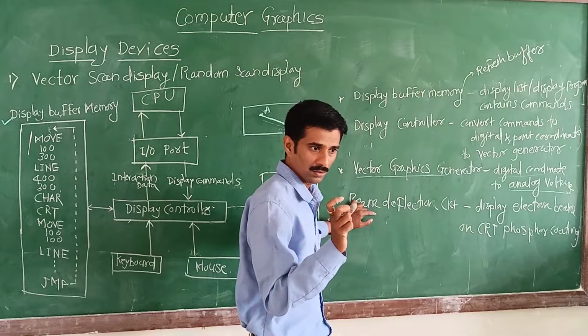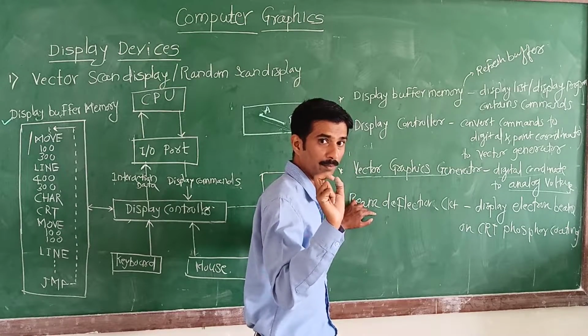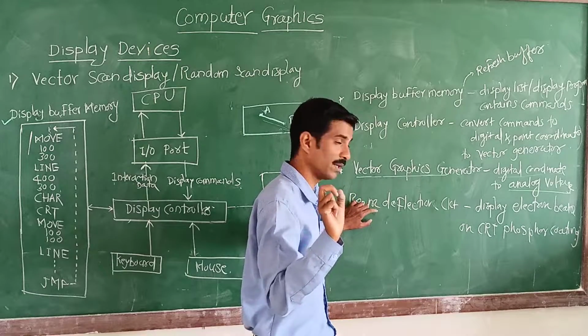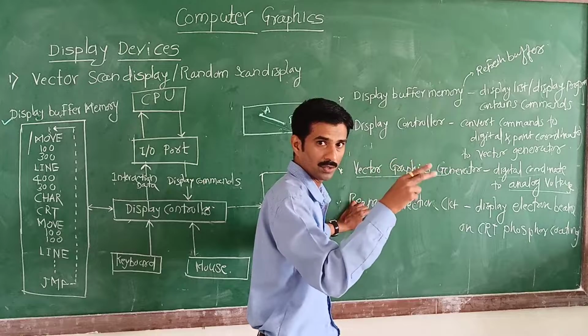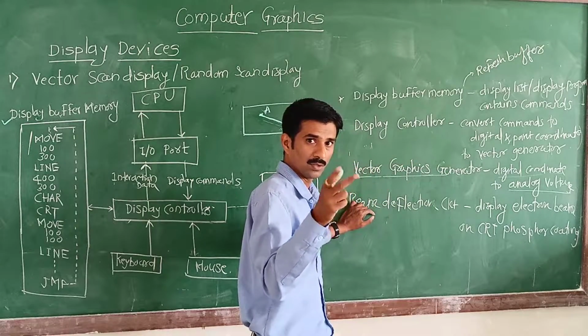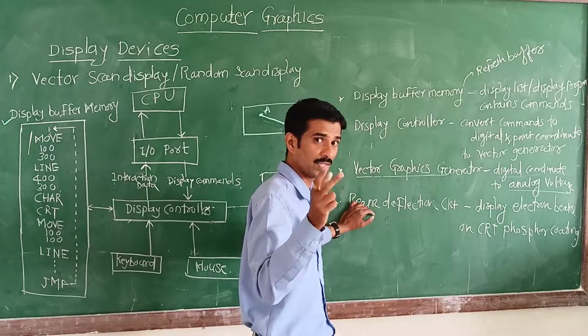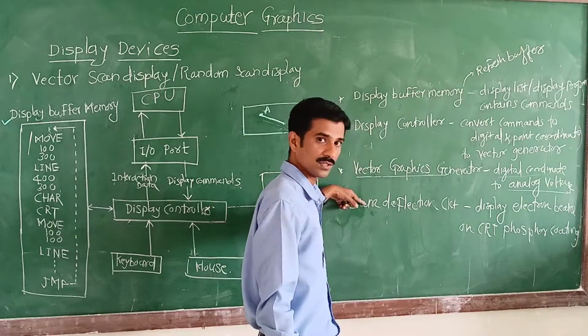So the main electron beam is emitted, and with the help of this beam deflection circuit it will deflect from point to point, moving from one direction to another. The direction and magnitude are decided by the beam deflection circuit.